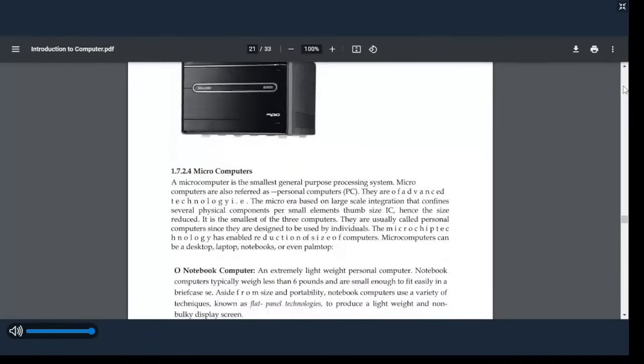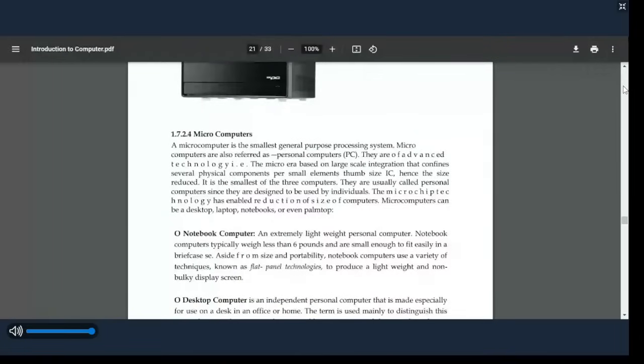So a microcomputer can be a desktop, a laptop, notebook, palm top, or even the smartphones that you have. I think the smartphones should be added here. So a notebook computer is an extremely lightweight personal computer. Notebook computers typically weigh less than 6 pounds and are small enough to fit easily in a briefcase.